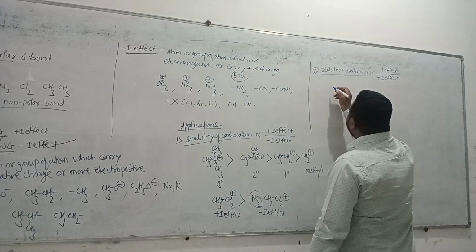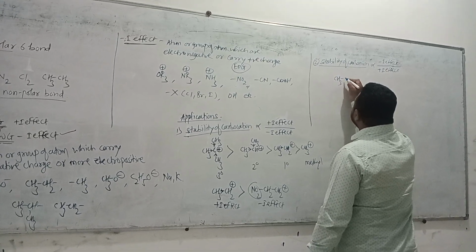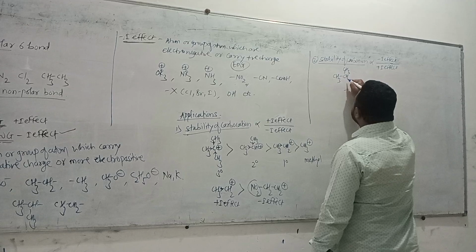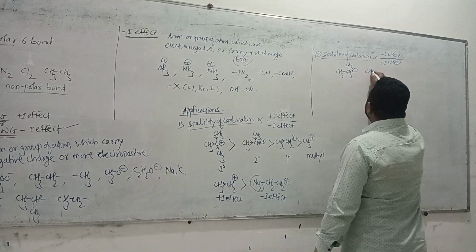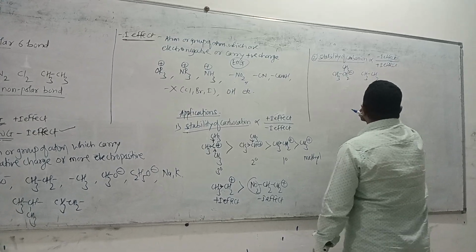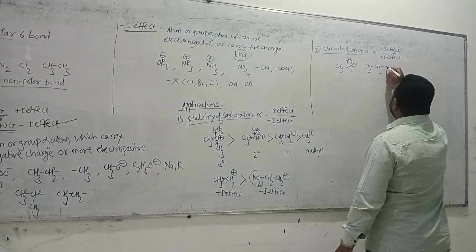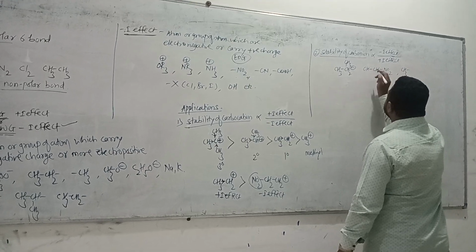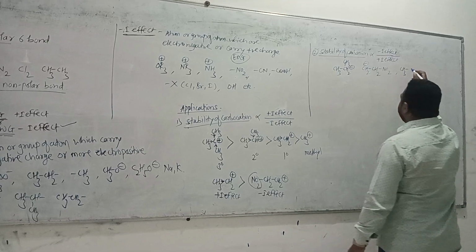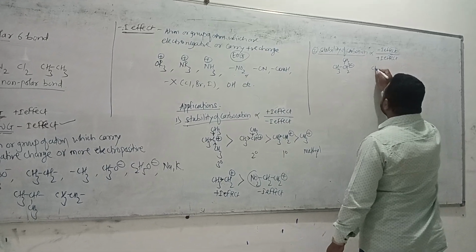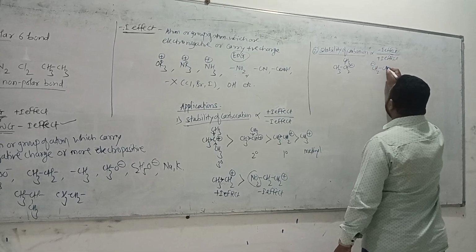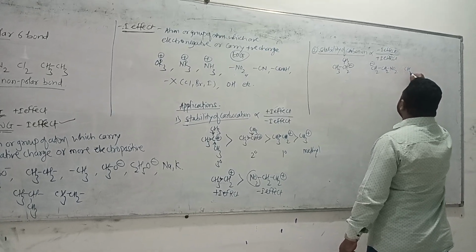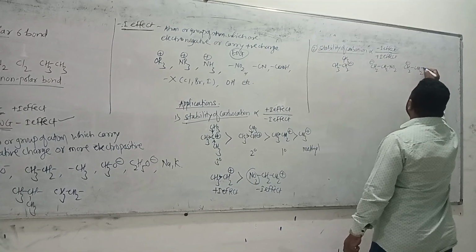If we take one example of this: CH3 CH2 minus, CH3 CH2 minus with NO2, and CH3 CH2 minus CH2 with CN, and CH2 minus CH2 Cl.